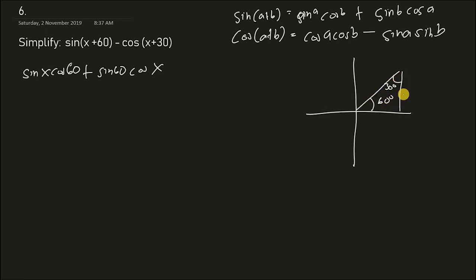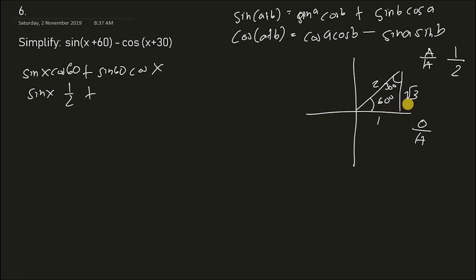So, sine 60, wait pala, let's input the values. That's square root of 3, that's 1, that's 2. Sine x is just sine x. Cosine 60 is adjacent over hypotenuse. Adjacent 60 is 1, hypotenuse is 2, so that's 1/2. Plus, sine 60 is opposite over hypotenuse.